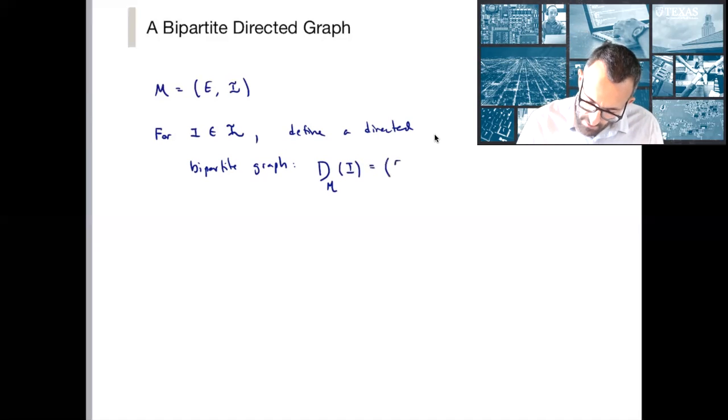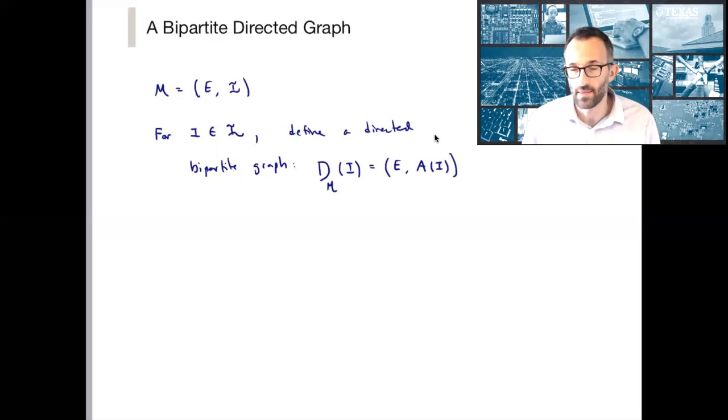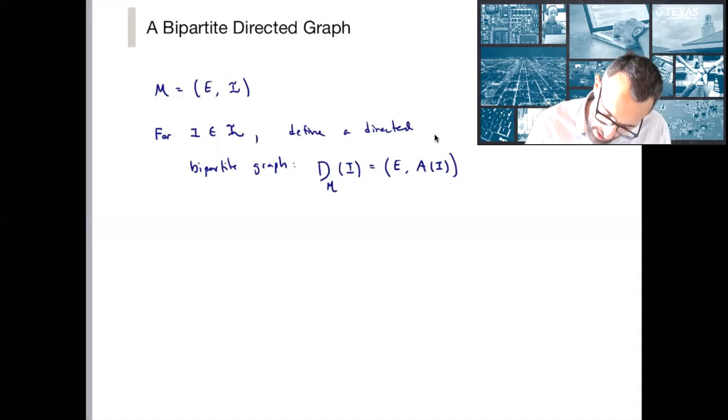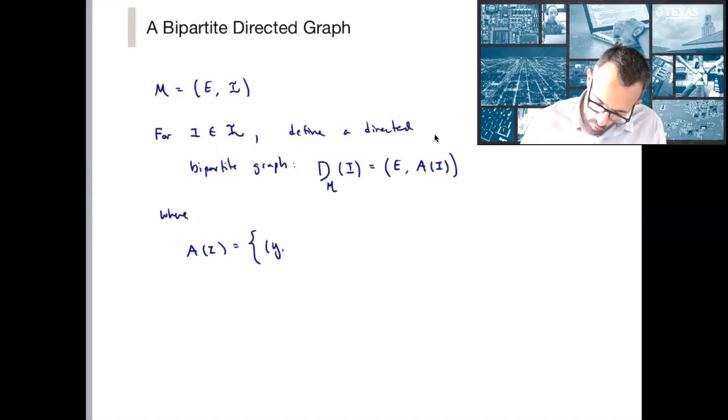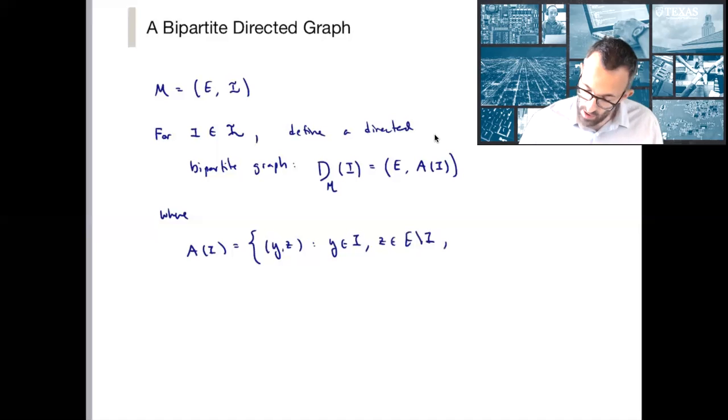This is a directed graph on the ground set of the matroid, and it's going to have a set of arcs, directed arcs, A of I, that are defined as follows. So my set of arcs are going to contain Y, Z, where Y is in I and Z is in the complement of I, exactly when I minus Y plus Z is in I. So let me just draw a picture for you.